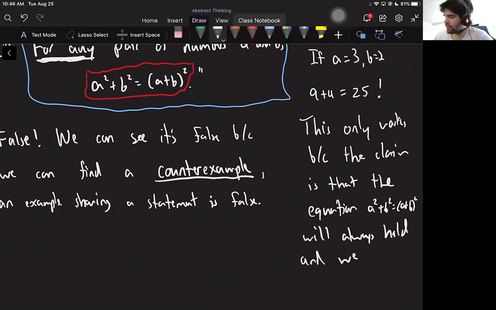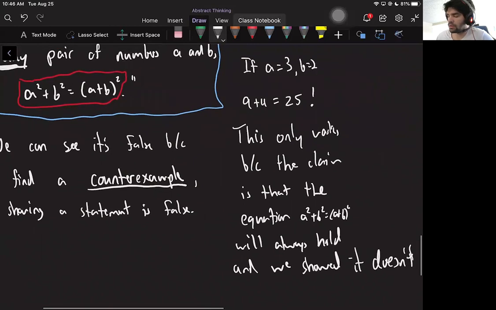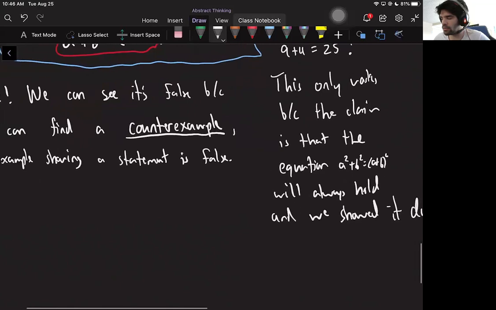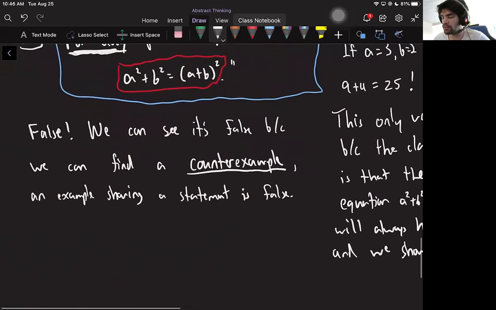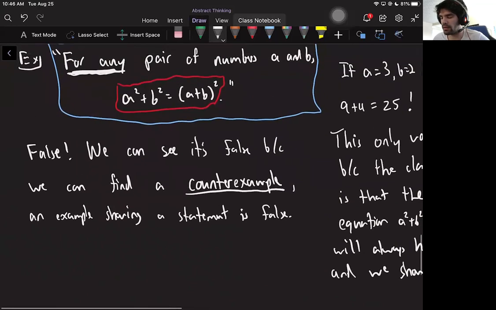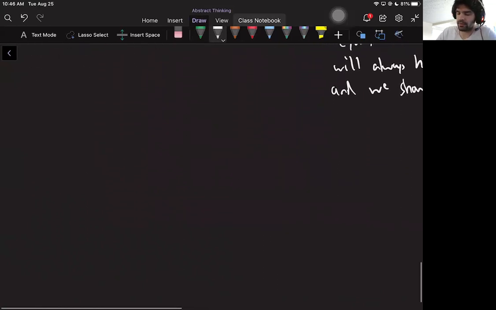And we showed it doesn't. Okay, but change the words and you get a true statement. So you can't always just zoom in on the equation. Yes, you've seen that equation and you've heard your pre-calc teachers say don't do that, but you have to read the entirety of the statement to decide if it's true or false, not just look at the little mathy parts. Okay, so that's one big takeaway.